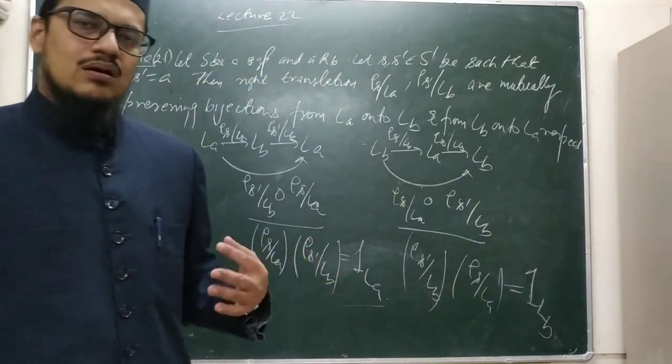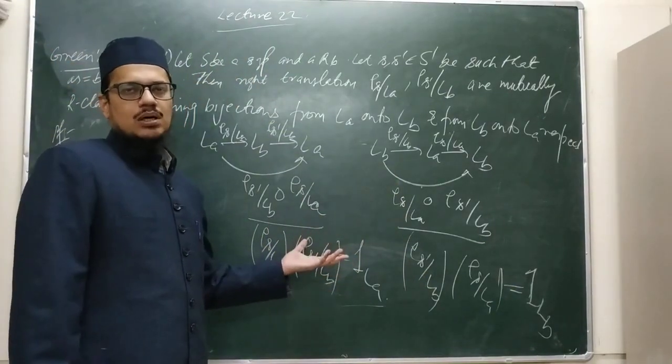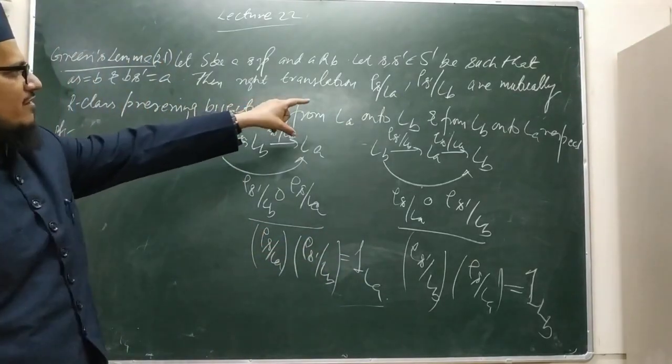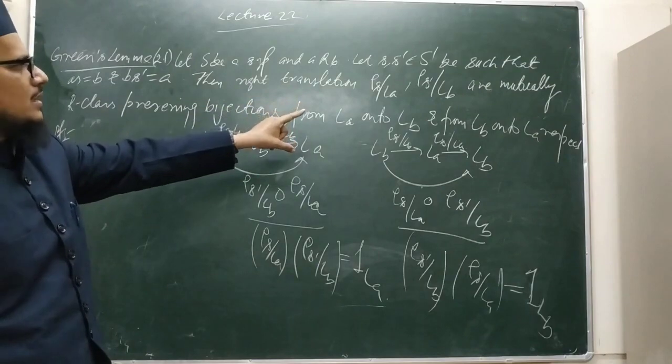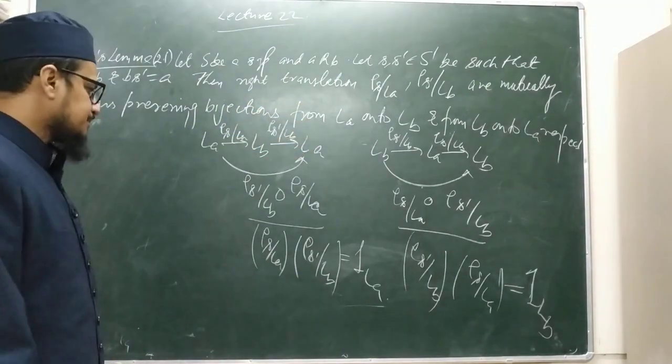Then it is proved that both are mutually bijections, as we have to prove rho s by L A and rho s dash by L B are mutually bijections from L A onto L B and L B onto L A respectively, correct?